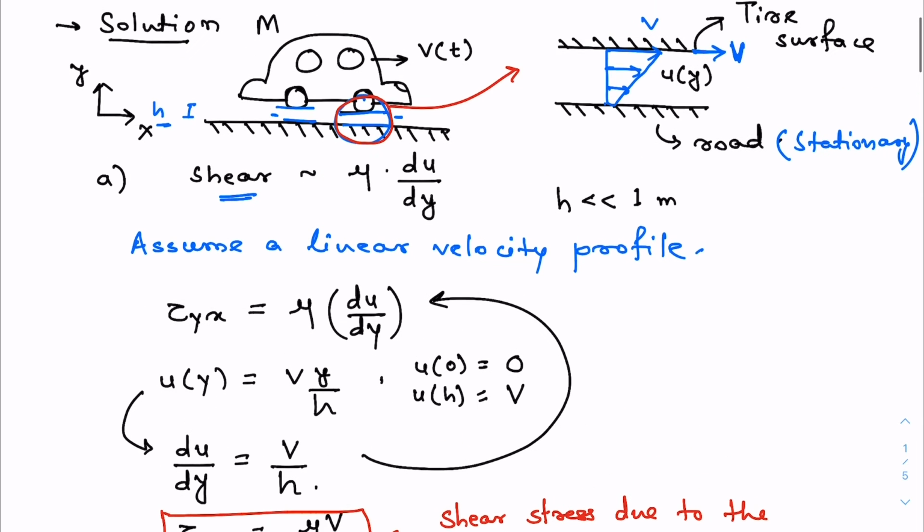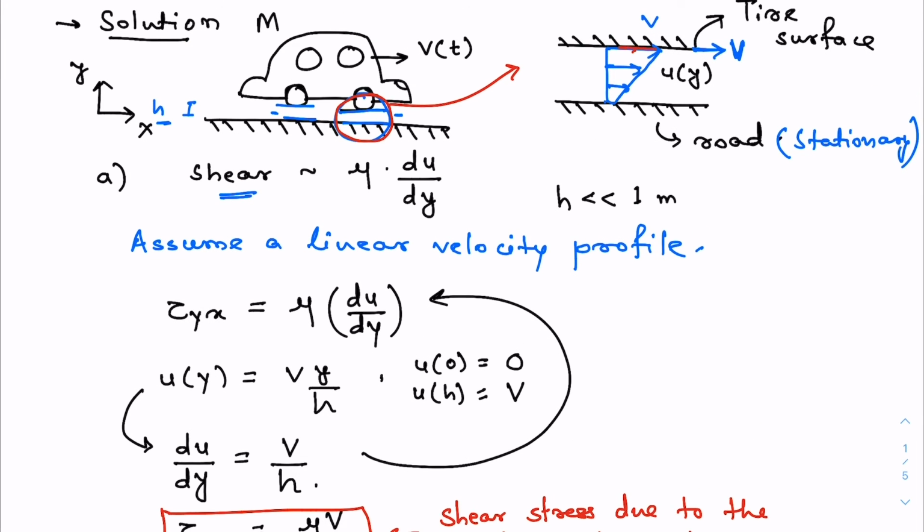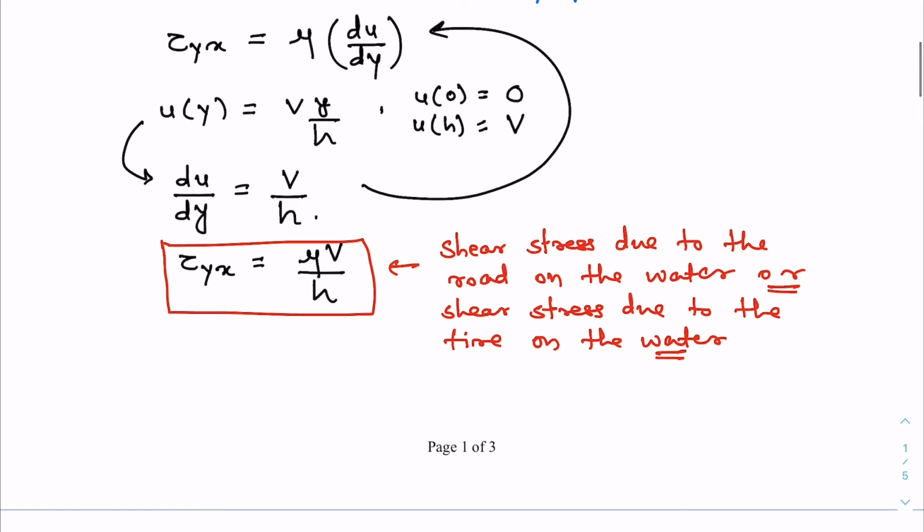So if you zoom in near the tire and look at a small fluid element like this, our convention for the stress tells us that a positive shear stress acting on this fluid element is directed as shown by these arrows.